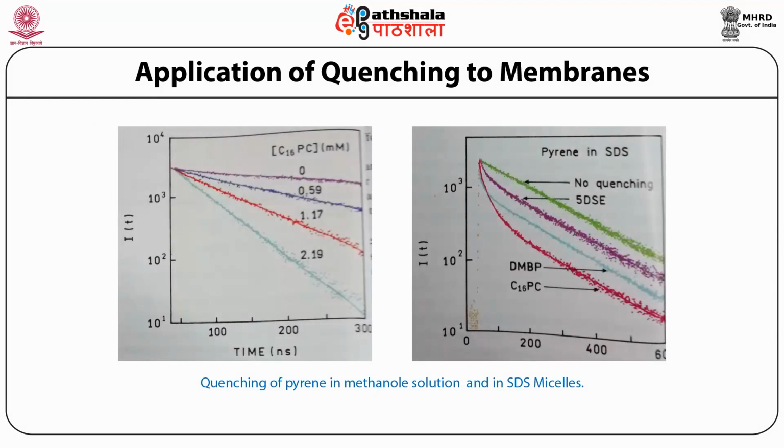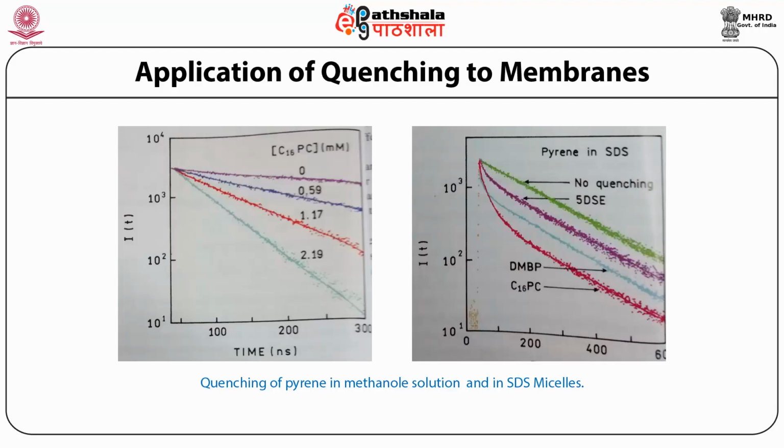These graphs show you the quenching of pyrene in methanol solution and in SDS micelles. We can see in the graph on the left-hand side that the decay is very fast when you compare to the decay in the SDS micelles. And also in two cases there is no quenching. The green line shows no quenching, compared to the SDS, where the purple line shows you the quenching in the micelles.